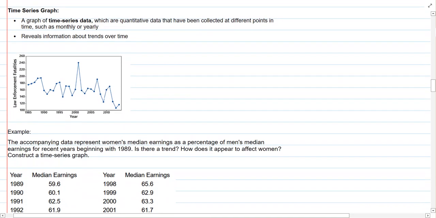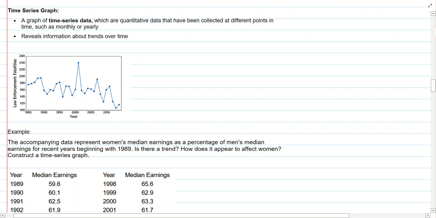This next graph is very specific. It is called a time series graph. It is used to graph large periods of data that are collected to show the tendencies for the impact of whatever study they're doing.